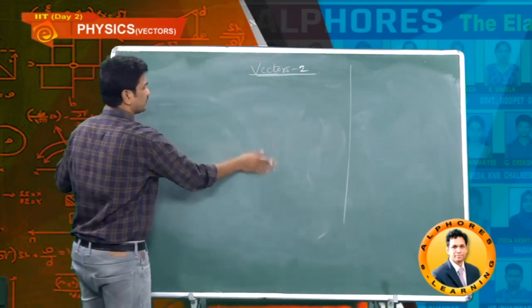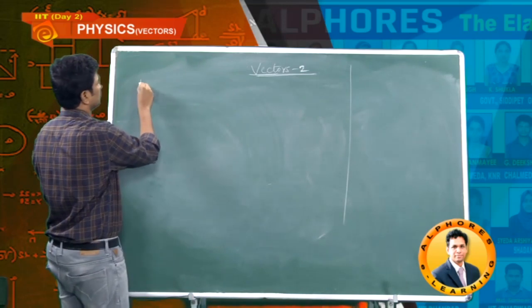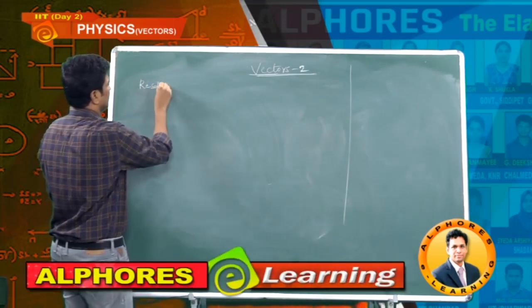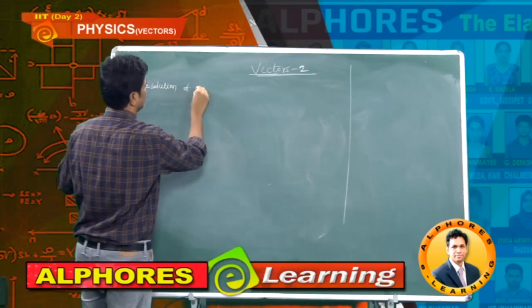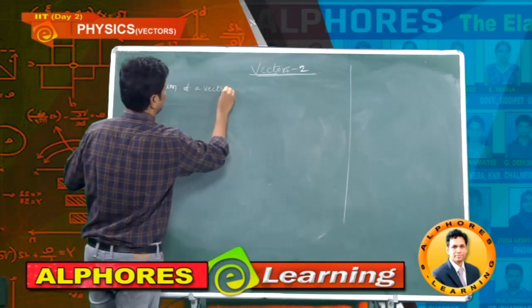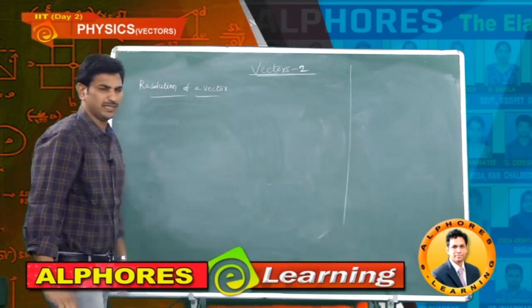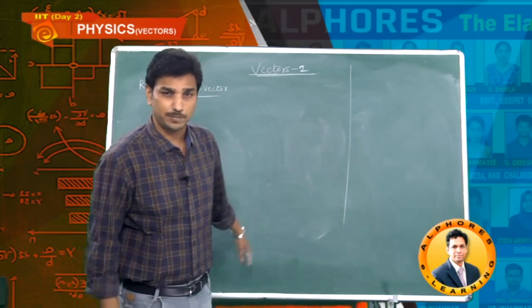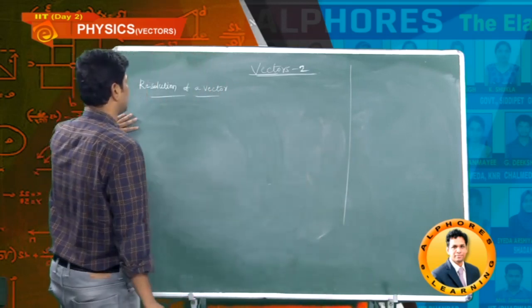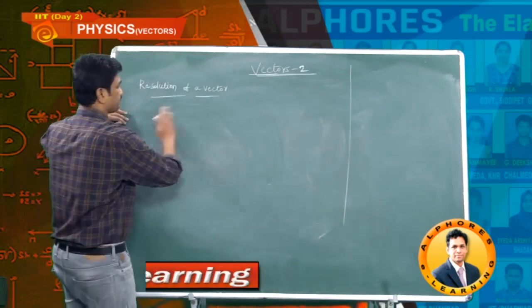Next, resolution of a vector. Same thing, already you know that. Only thing is one more alternative explanation. What is that alternative explanation here?